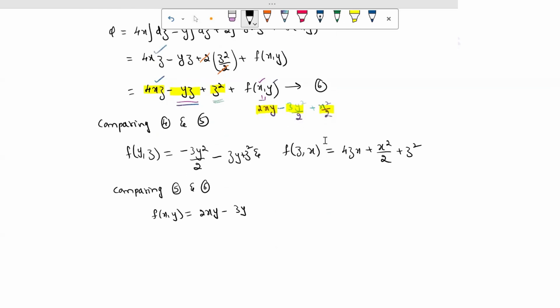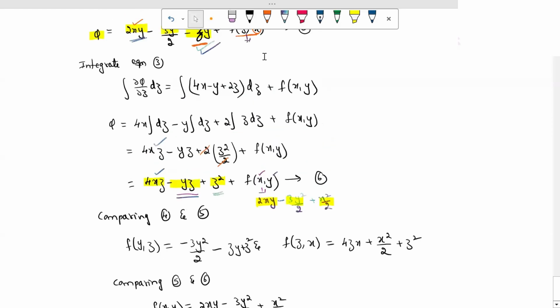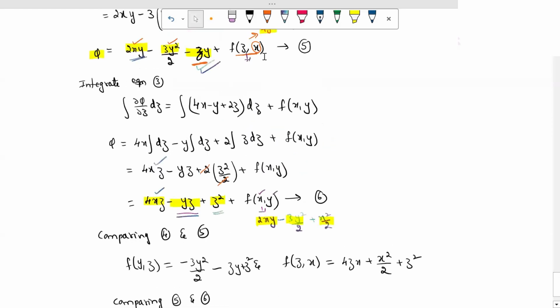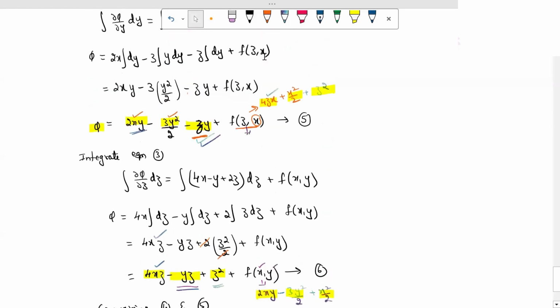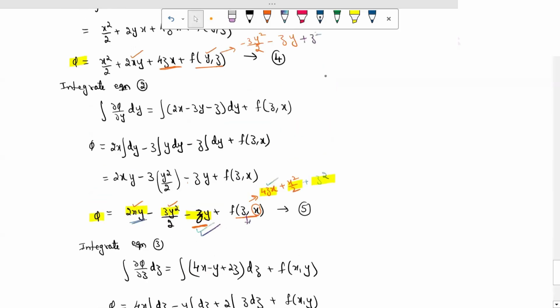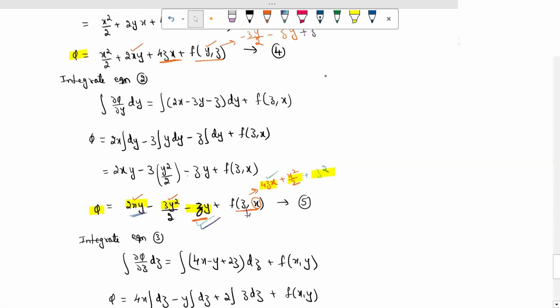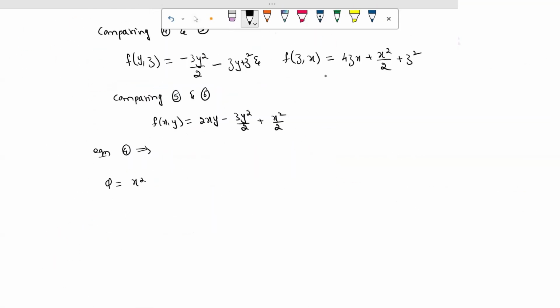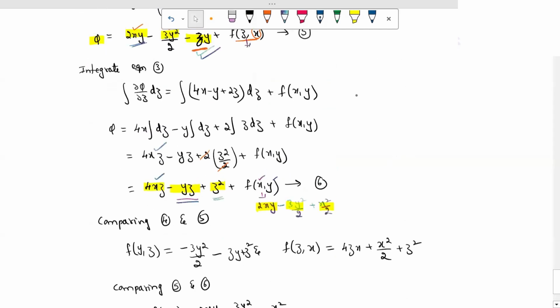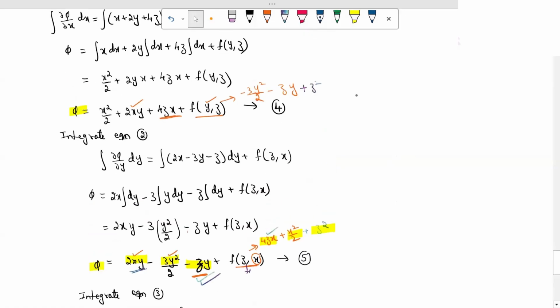Now you can plug in these values in any one of the equations, either equation 4, 5 or 6. I'll write it in equation number 4. So equation number 4 implies phi is equal to, what is the first term we have? X square by 2 plus 2xy plus 4zx minus 3y square by 2.